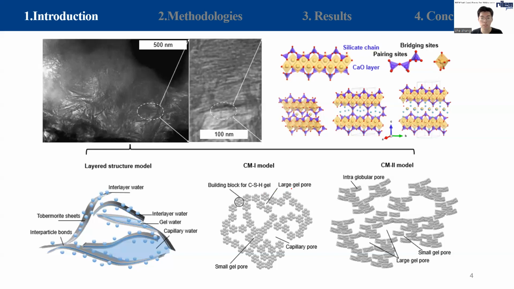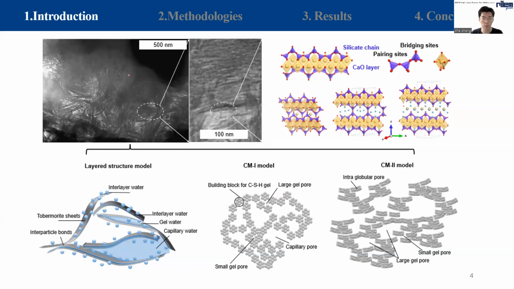These particles can aggregate, forming globules that serve as primary building blocks, with a diameter of approximately 5 to 6 nanometers. The difference between CM1 and CM2 is the geometry of the basic building blocks, being sphere-like for CM1 or brick-like for CM2.